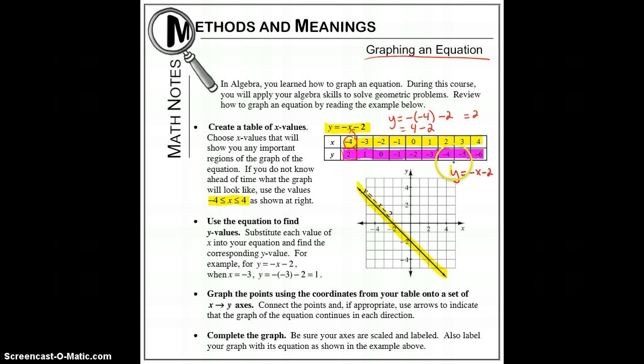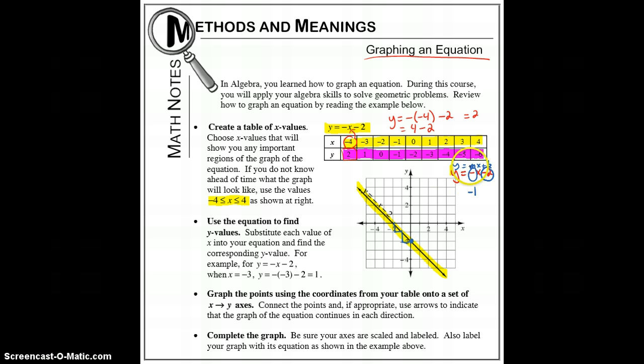Since this equation is in slope-intercept form, or y equals mx plus b, where b is the y-intercept and m is my slope, if I just look at my equation, I can find my y-intercept, which is -2 right there, and I can see that my slope is -1, which means my slope goes down 1 over 1, down 1 over 1.